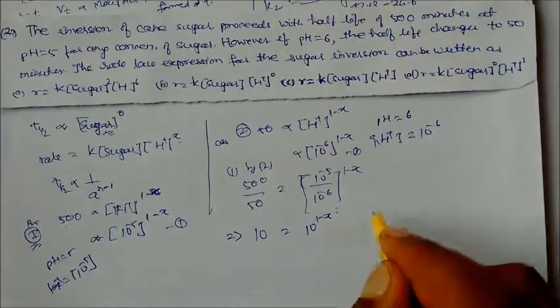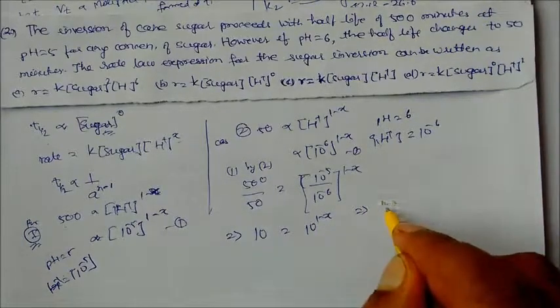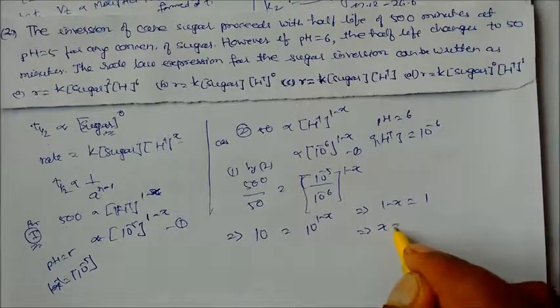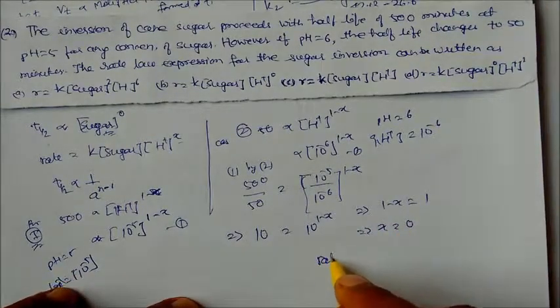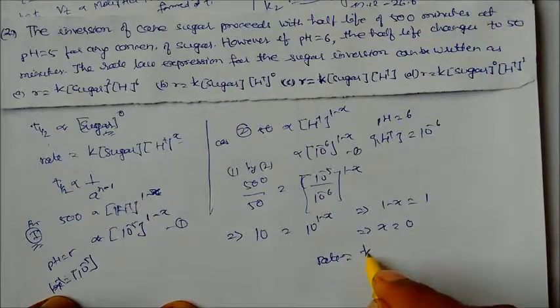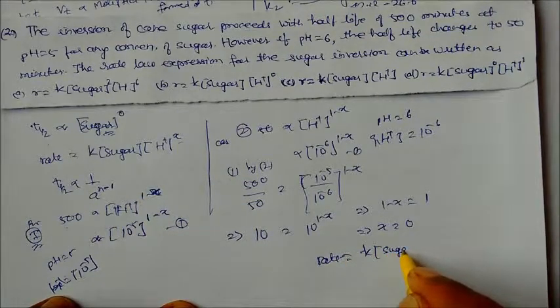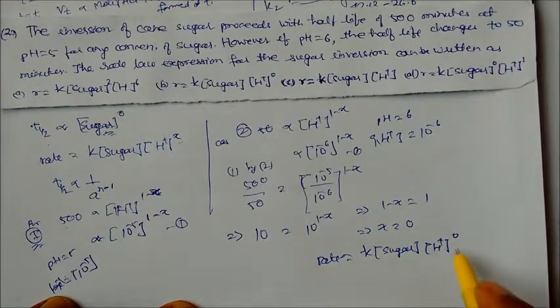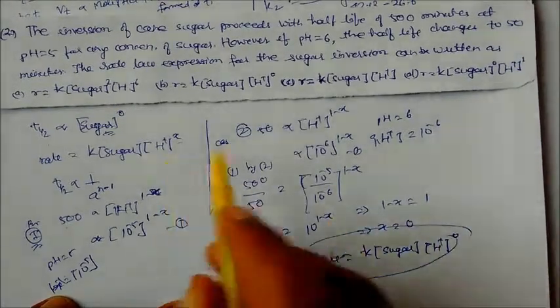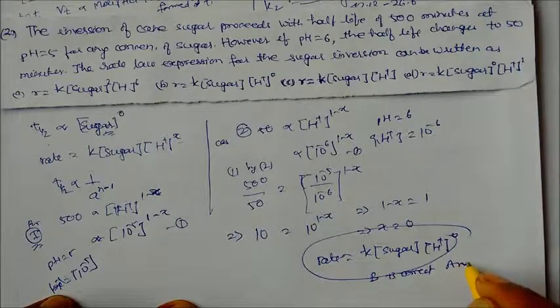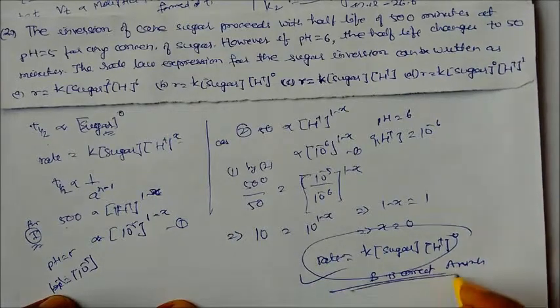So we can say 1 minus x is equal to 1, or x is equal to 0. So the rate is equal to K into sugar, and H plus to the power 0. So this is our answer. From this we can compare, so B is the correct answer. We can write B is the correct answer.